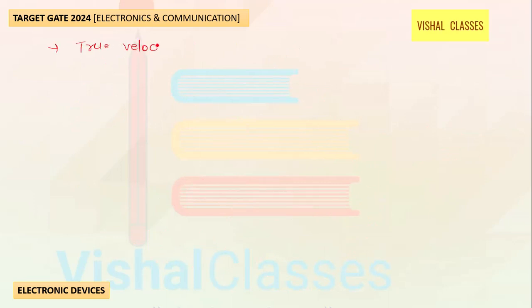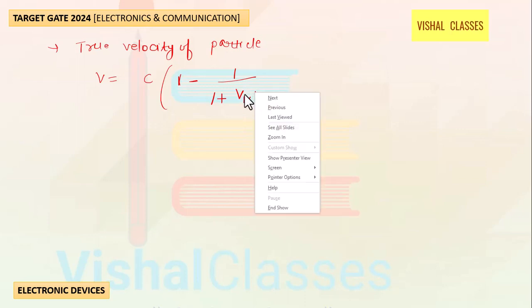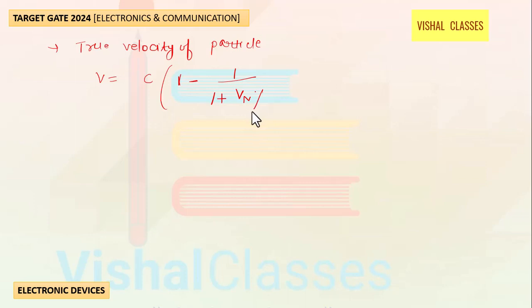True velocity of particle is given as v is equal to c, 1 minus 1 plus vn square upon 2c square, and vn square upon 2c square, whole square, and this value comes out under square root.